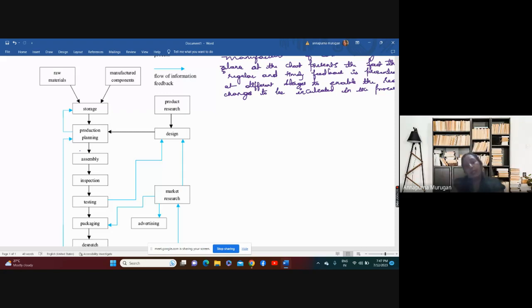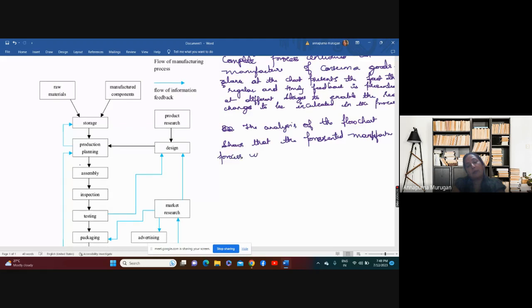The analysis of the flow chart shows that the presented manufacturing process is a lengthy process.